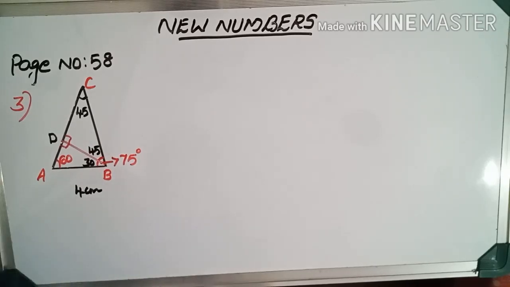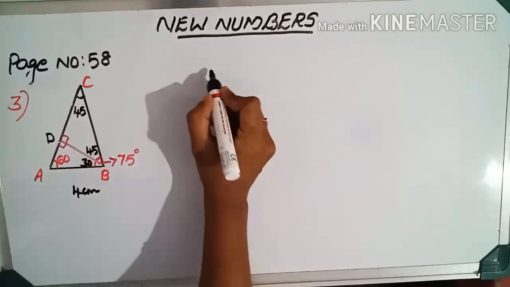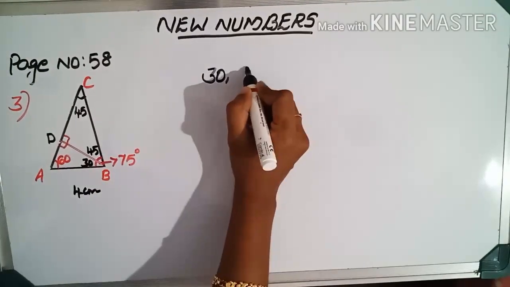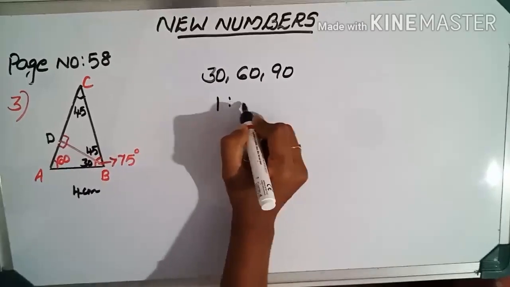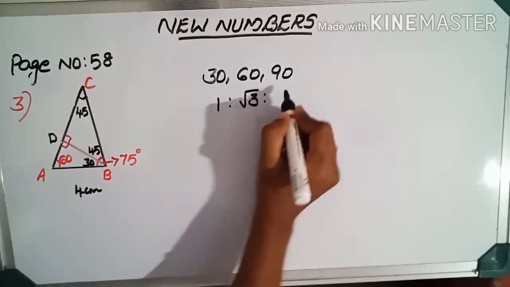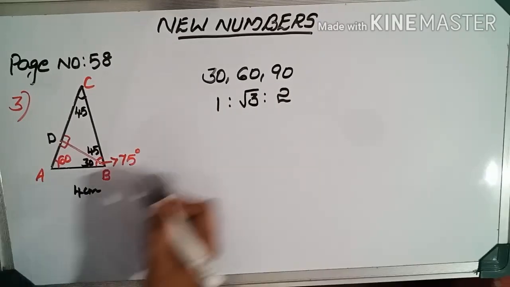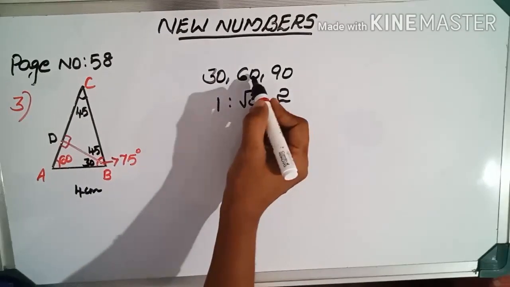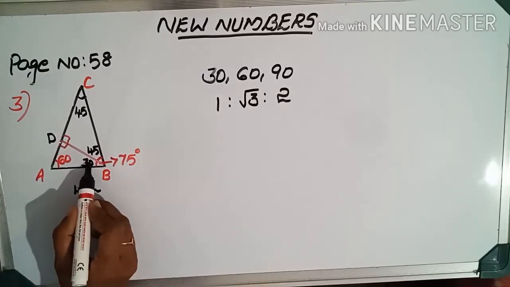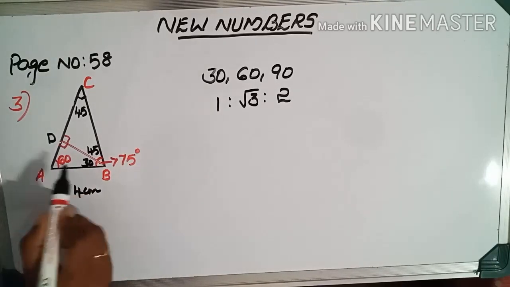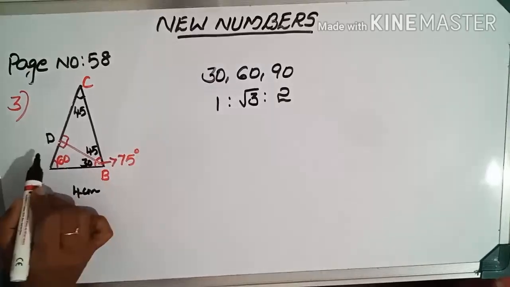Now we can apply the ratio. What is the ratio? 30 60 90. We learned that at the start. The 30 60 90 ratio is 1 is to root 3 is to 2. That means the side opposite 30 is 1, opposite 60 is root 3, and opposite 90 is 2. So let's check. Opposite 30 here, that means DA will be 1.